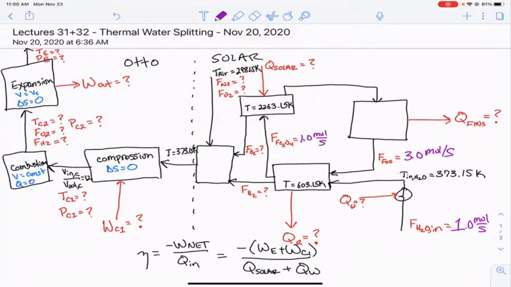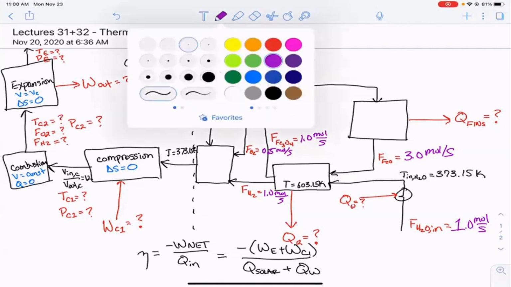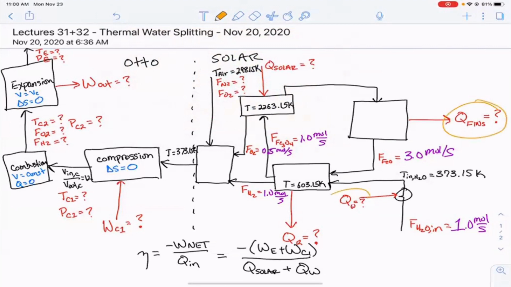And we know that the flow rates of hydrogen and oxygen are 1 and 0.5 moles per second, respectively. Okay. So now what we need to do is to find all of these Qs. So we need to find Q fins, Q water, and Q for this reactor. Remember, that's isothermal and exothermic. And then, of course, the most important one here is Q solar. So let's start picking those off one at a time.